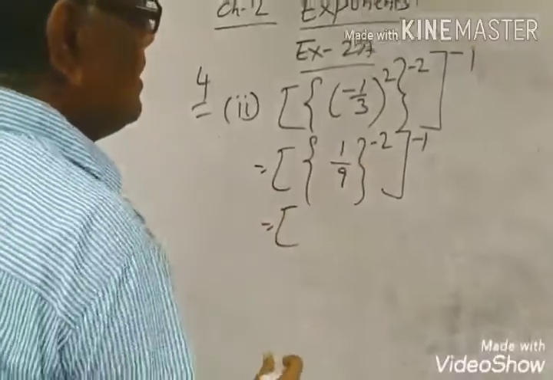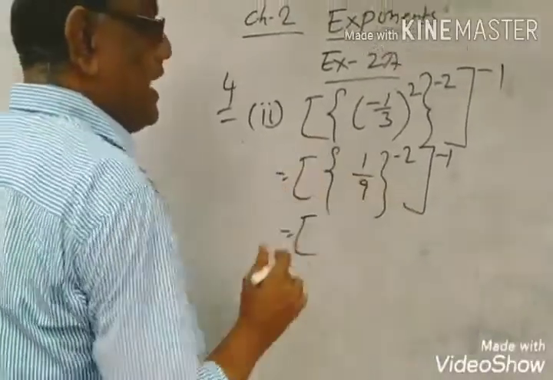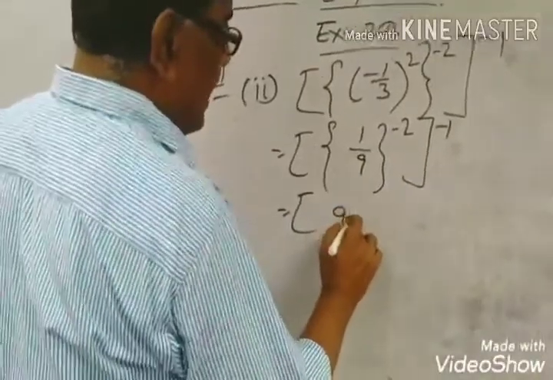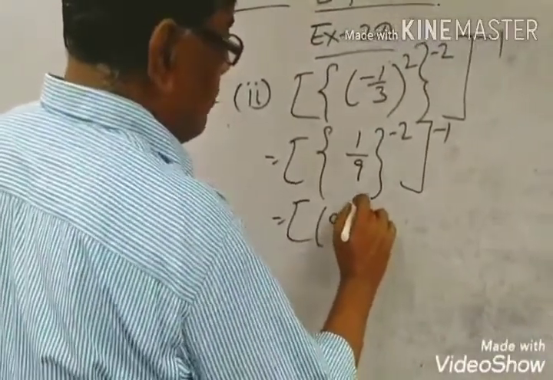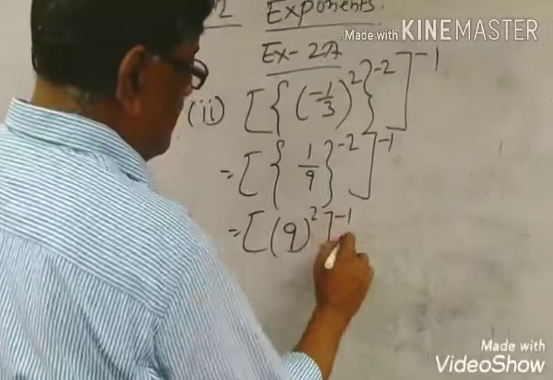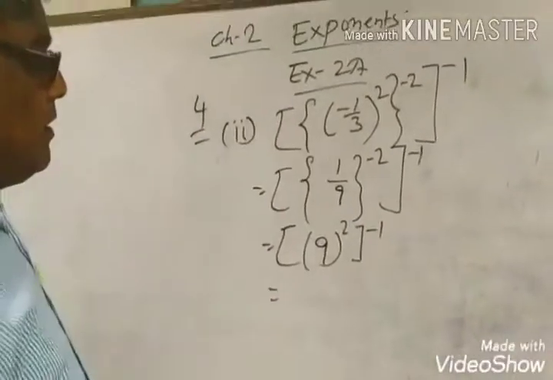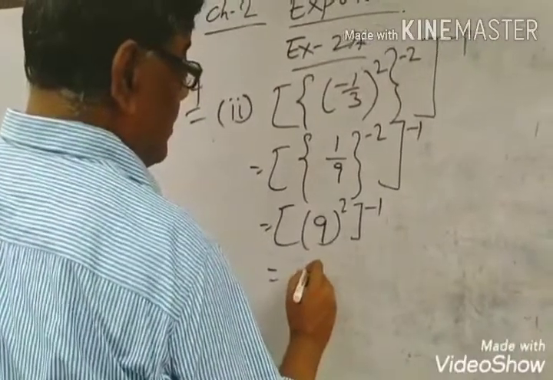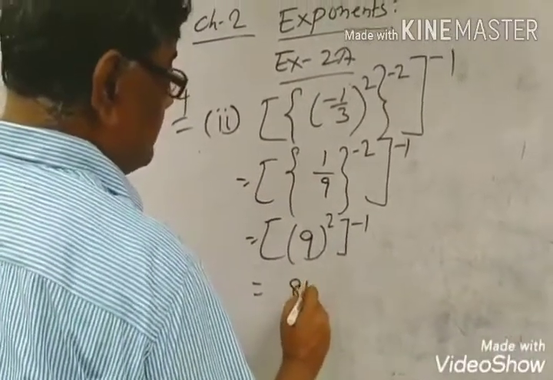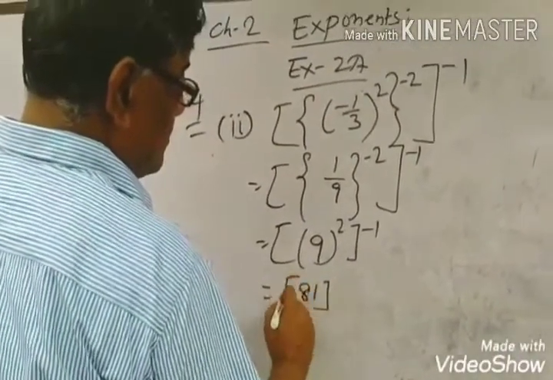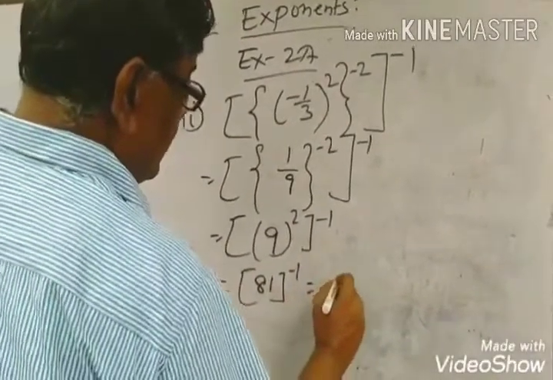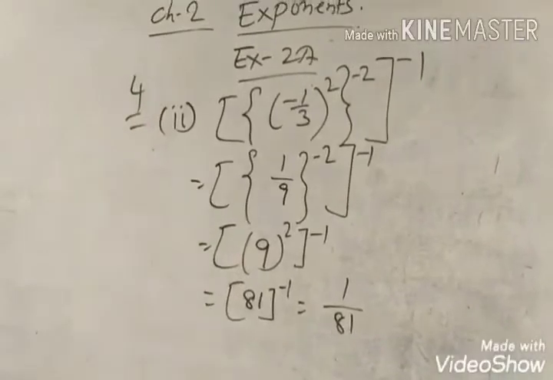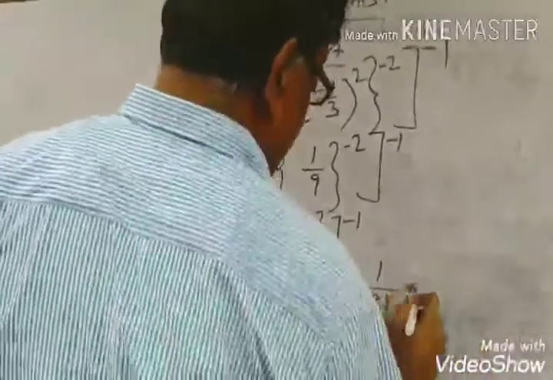That means this integer is negative, to convert it to positive, that means (9) whole square. 9 whole square means 81, whole to the power minus 1. That means 1 by 81. This is the answer.